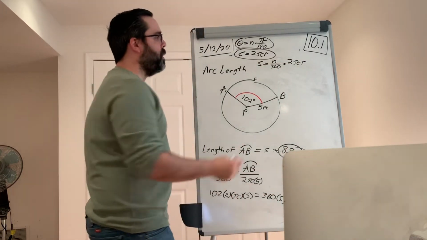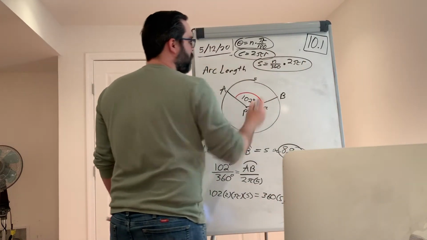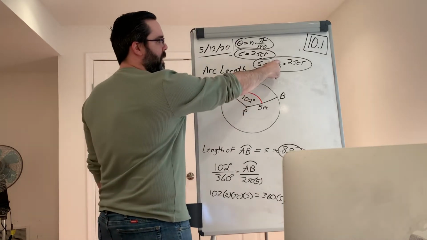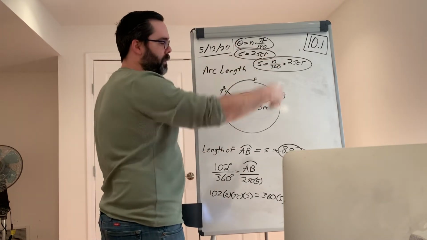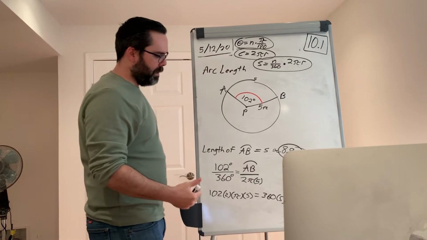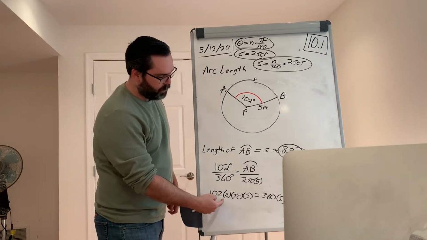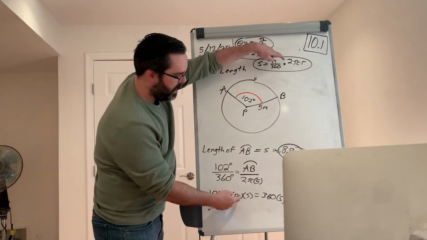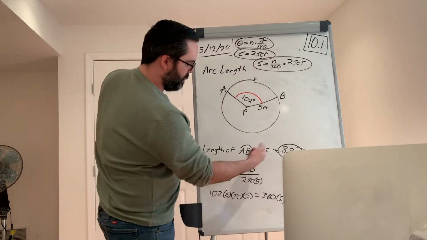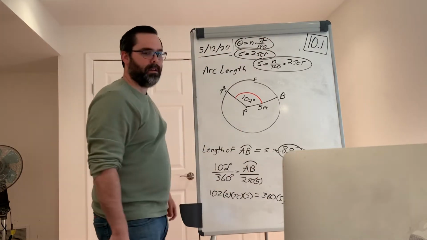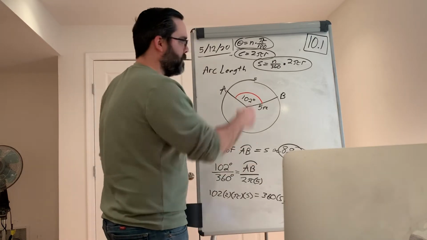Okay, now we could have just plugged 102 in for N, and that would have done all this, which is basically what we did. Didn't I multiply 120 times 2 times pi times r and then divide it by 360? That's what I did, right? Yeah. Okay, so that's the formula.